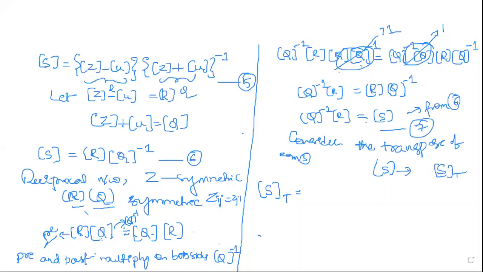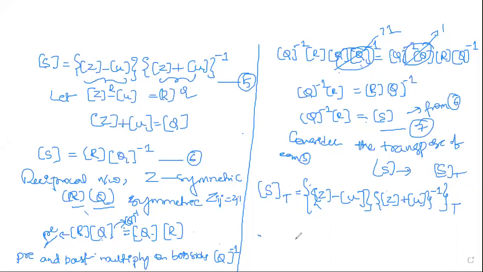So S transpose, if you consider for the same, you are writing it as follows. For example, Z minus U along with Z plus U inverse, to the transpose. To the whole equation, you are writing the transpose.